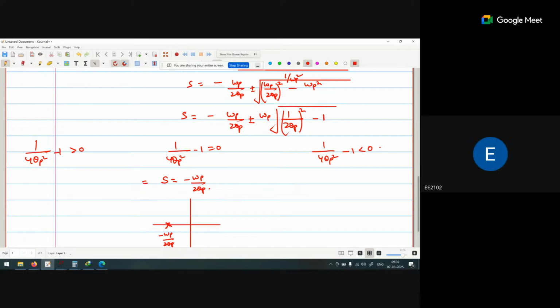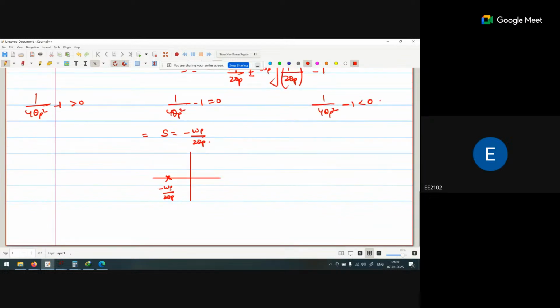Because it is a second order quadratic equation, so two poles are available. If this term is 0, the plus minus term will be 0, so only s is equal to minus omega p upon 2 qp. So both poles will be at the same location. Any doubt? No, sir.